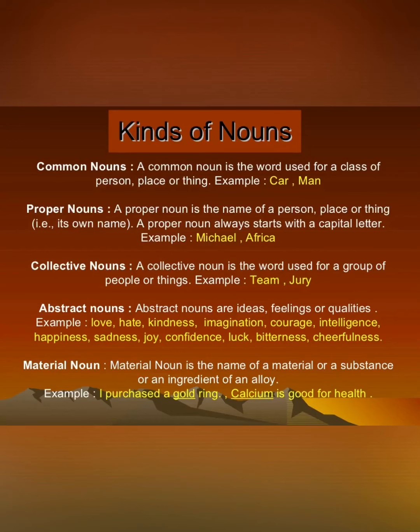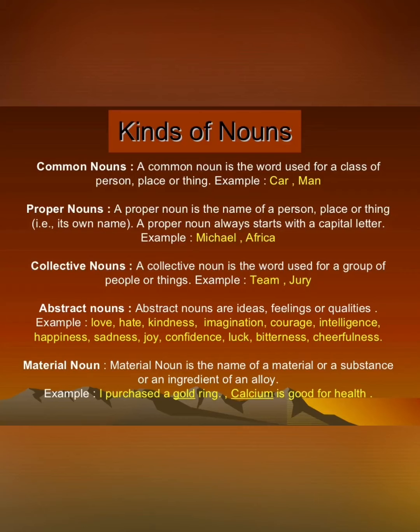Versus there is uncountable noun that cannot be counted. They often refer to substances, liquids, and abstract ideas. They are sometimes called mass nouns as well. For example, wood, milk, air, happiness, that are uncountable.